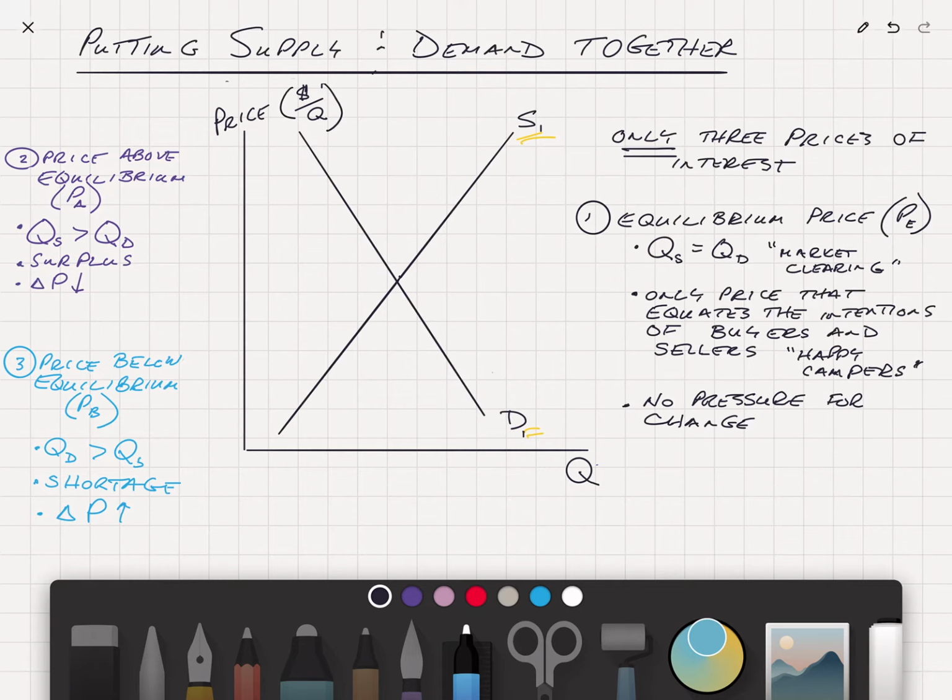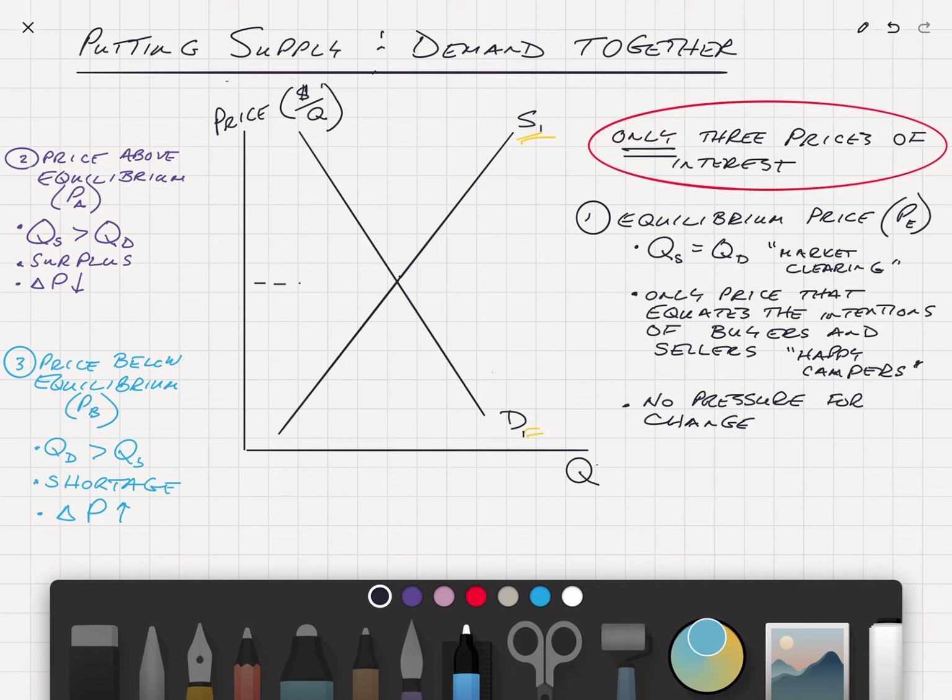When you're looking at the combined curves, I'm going to simplify your life. The most important thing we're going to talk about is that when you're putting the curves together, there are only three prices of interest. The first price is the equilibrium price. This is a price that produces a situation where quantity supplied is equal to quantity demanded, or the market clears.